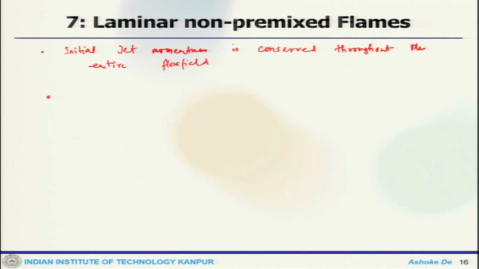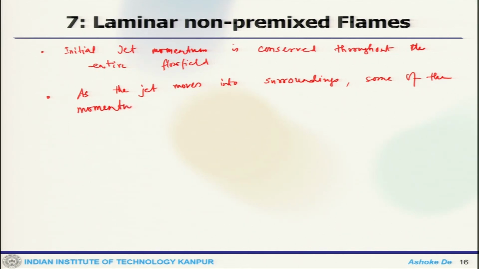Secondly, as the jet moves into the surroundings, some of the momentum is transferred to air, which will lead to a decrease in velocity of the jet.